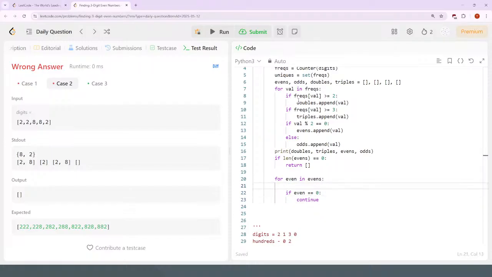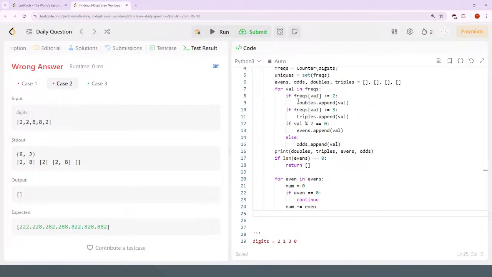Okay, I'm gonna have num, that's initially 0. And I'm going to do num plus equals this even. So this is going to be like my ones digit.